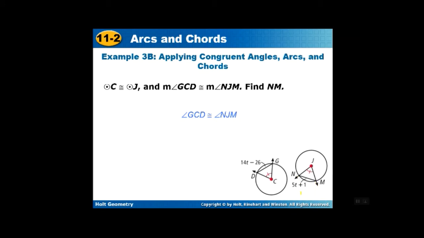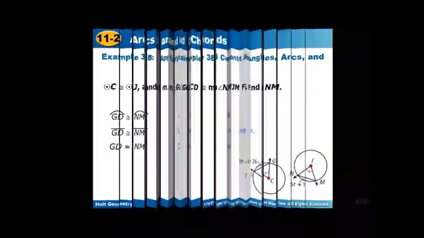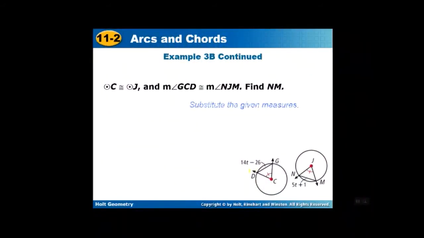Now, since the two central angles are congruent, then the two arcs are congruent and the two chords also are congruent. So we will write the equation, which is 14t minus 26 equal to 5t plus 1. Solve for t.